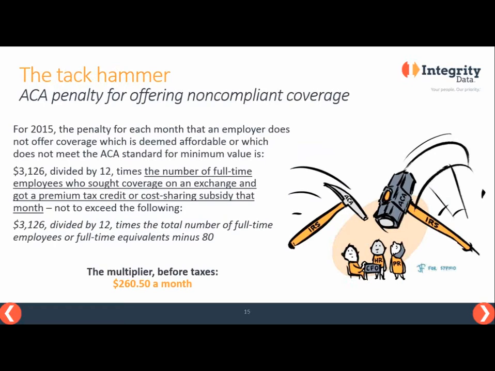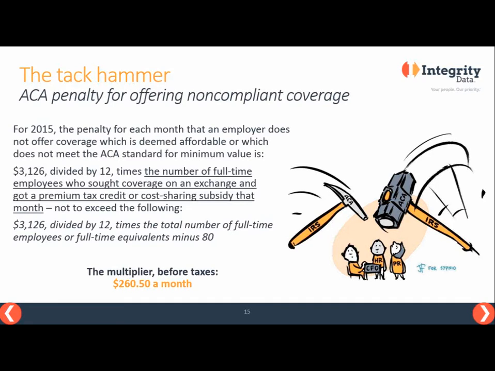Then comes the tack hammer penalty. And if you look at a funnel, this is a really reduced set of people. It's where I'm providing coverage that provides minimum essential coverage, but either it doesn't provide minimum value or it's not affordable. In that case, you are going to be penalized only for those individuals who went on exchange and got a tax credit or subsidy.